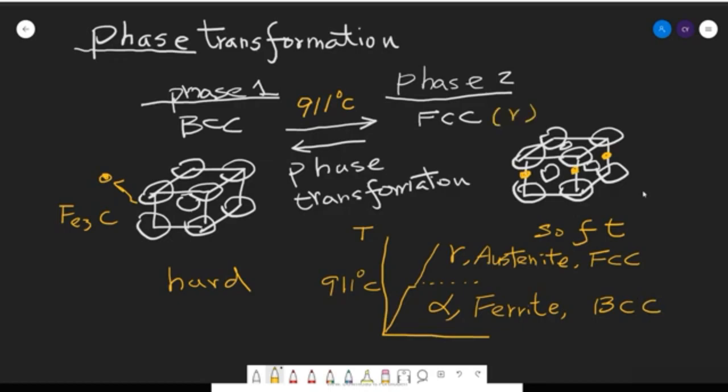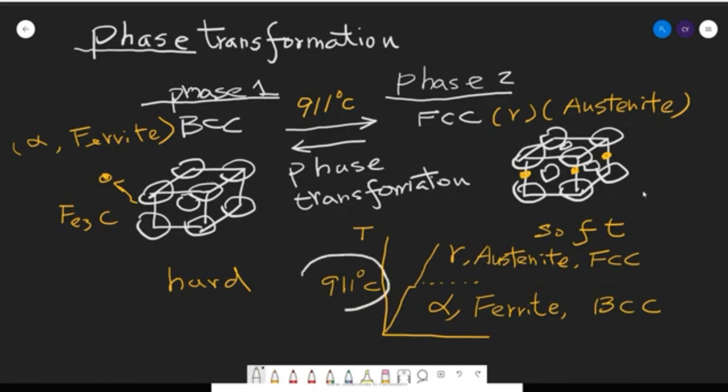The gamma, or the same name, austenite. And here we also call it ferrite, alpha or ferrite. All the same idea, the same material. So 911 degrees is a very important temperature. We call it the phase transformation temperature.